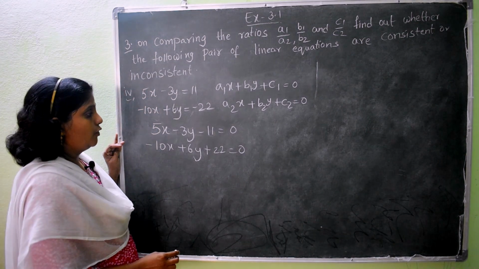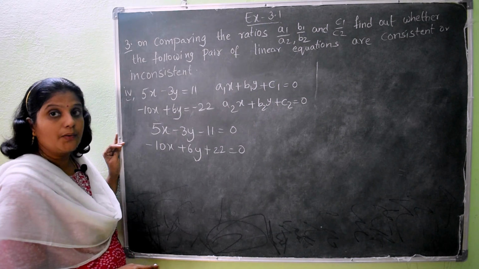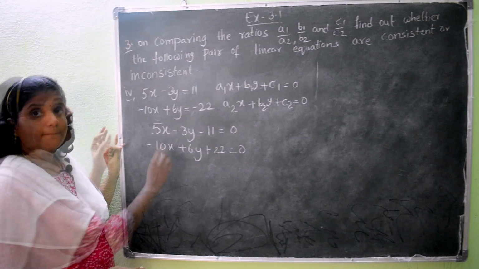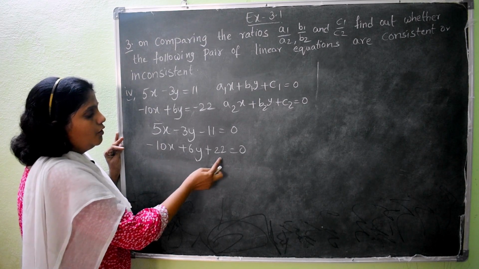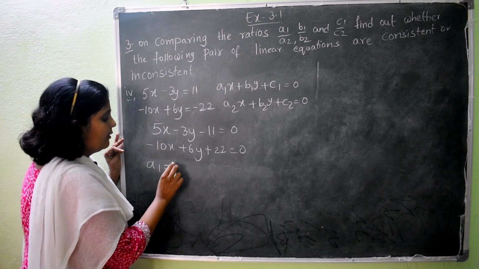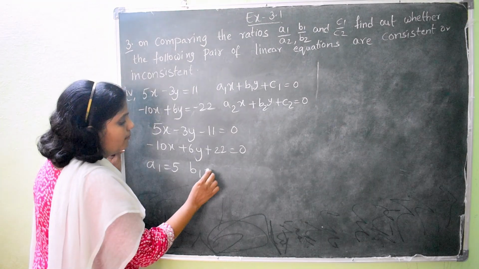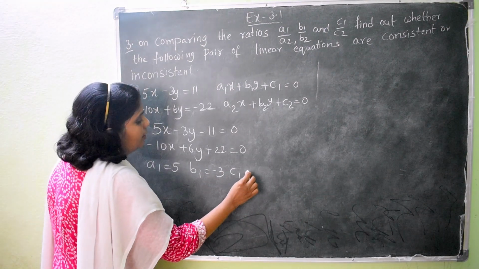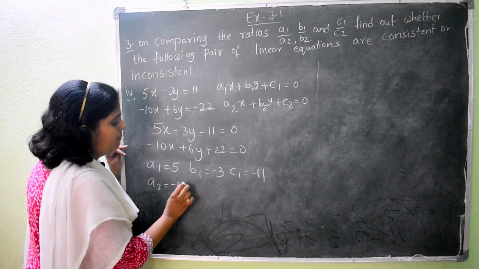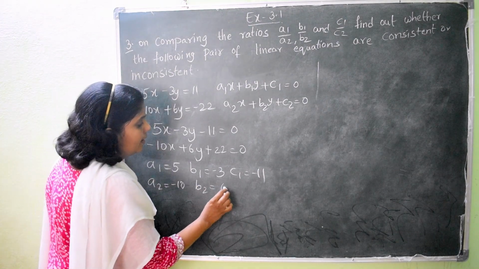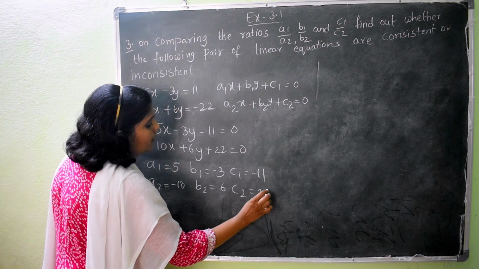First of all, we are going to write A1, B1, C1, A2, B2, C2. A1 equal to 5, B1 equal to minus 3, C1 equal to minus 11, A2 equal to minus 10, B2 equal to 6, C2 equal to 22.